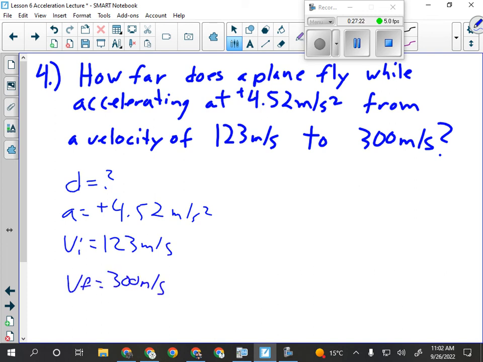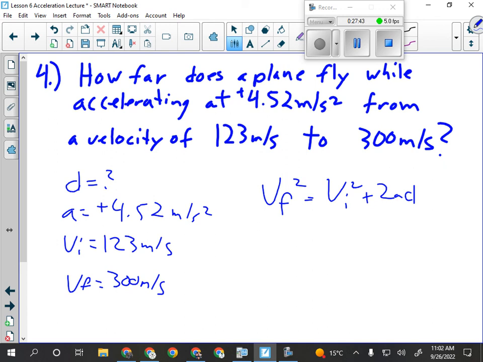All right, so I would say we're looking at this formula: VF squared equals VI squared plus 2AD. And most commonly, we use this formula to get D. Especially when we get to projectile motion, we're always using it to get D. So this will be a very common manipulation that you will do often.